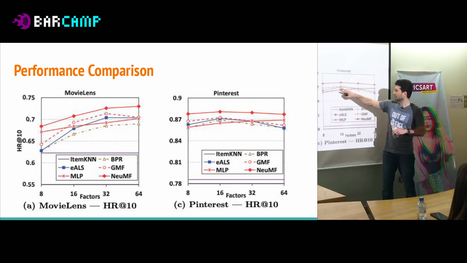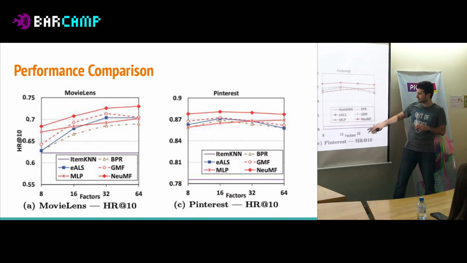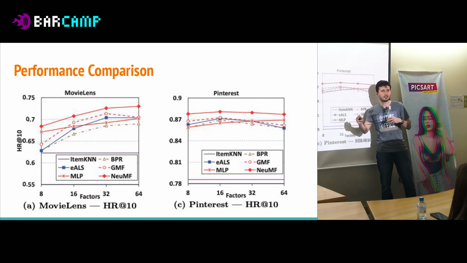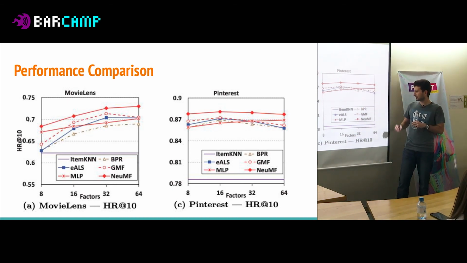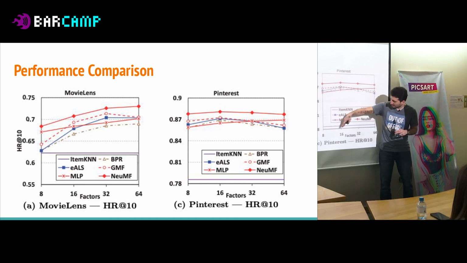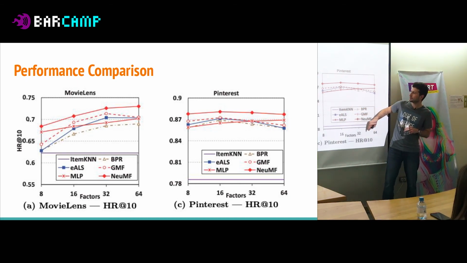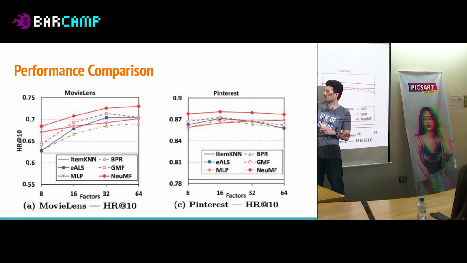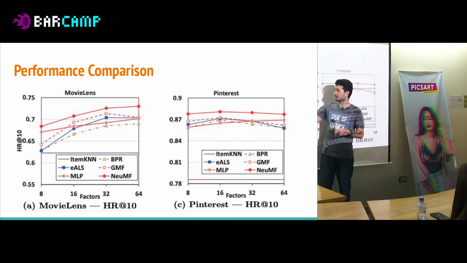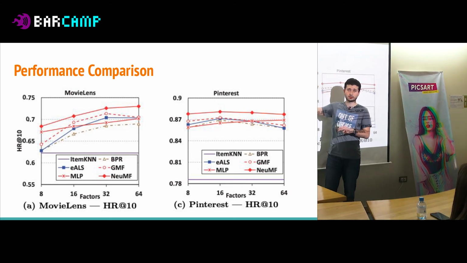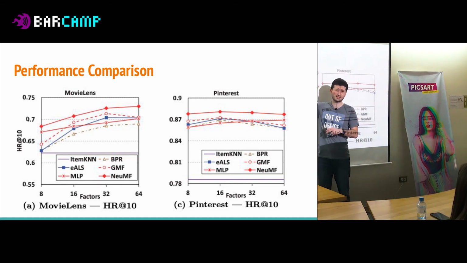You can see that the comparison is made on different sizes of vectors. So as you remember, I was talking about embedding vectors or latent vectors. So you see that with 8, 16, 32, 64, usually there is some improvement in performance for all algorithms, but the neural network-based algorithm is consistently on the top.